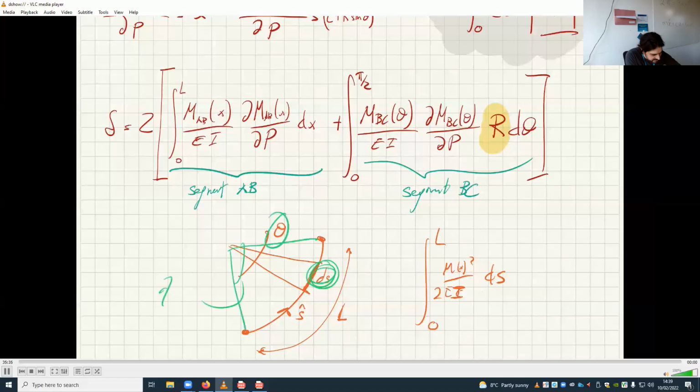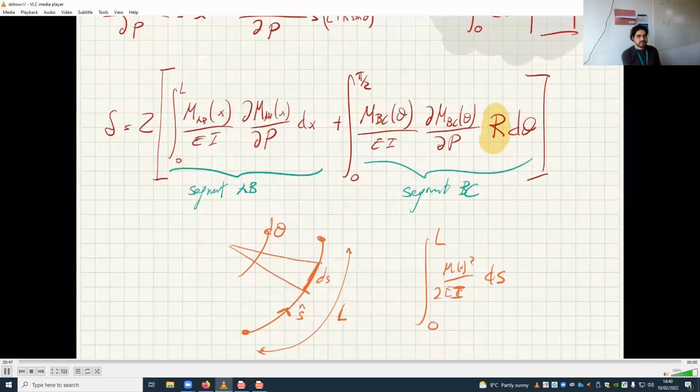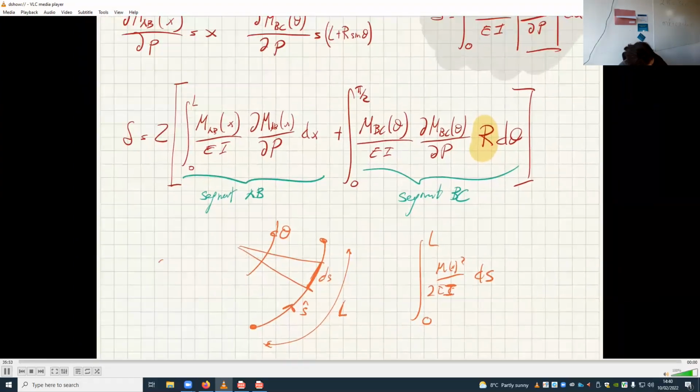So ds is over an infinitesimal theta, and so, of course, that means that ds is the radius times the angle, r d theta.